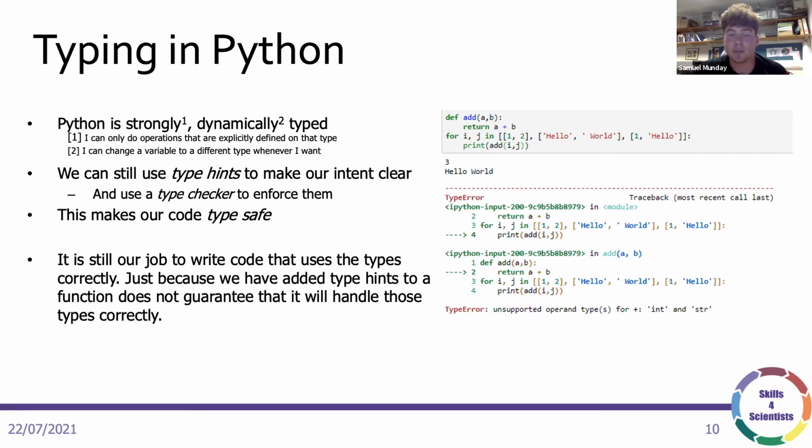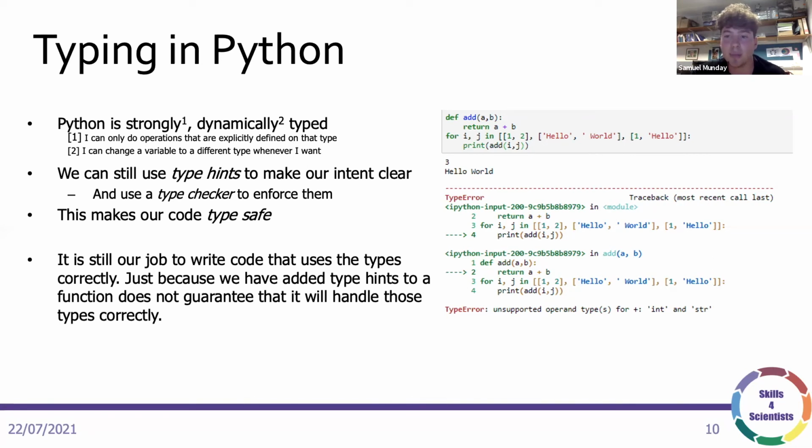And the dynamically part means that you can change this variable type explicitly to what you want it to be, but it's you that is able to change it. So me as the author, rather than Python, if I say that something equals a string and it's now a number, it's fine with that. With strong typing, the language itself isn't going to change anything for you, but with dynamic typing, you can change things to whatever you want.